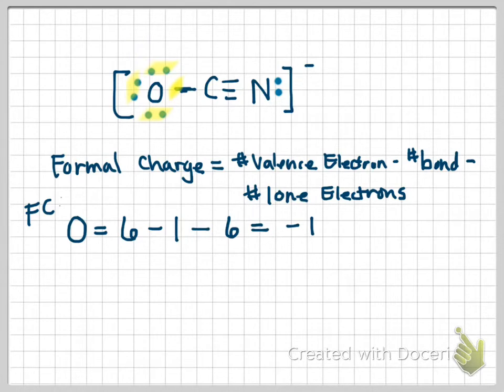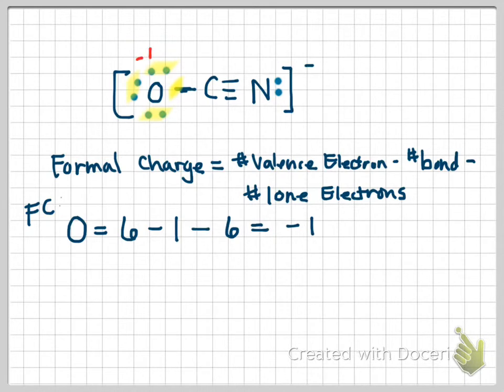And so this oxygen essentially sees 7 electrons that belong to it. Because it only has 6 in the valence, it has 1 extra electron. And so that is why it has a formal charge of -1. And whenever we calculate non-zero formal charges, we like to put them in the Lewis structure, here -1.